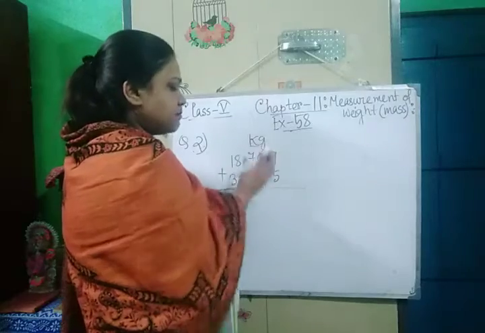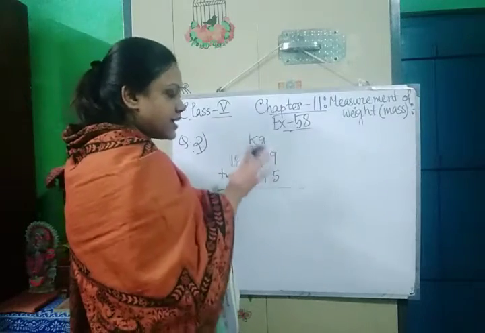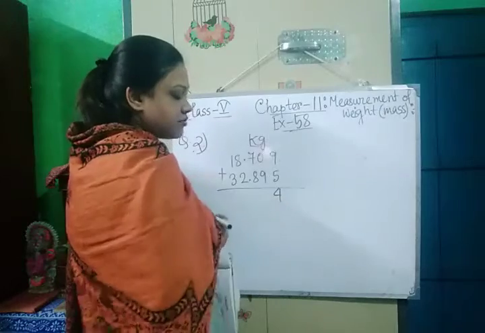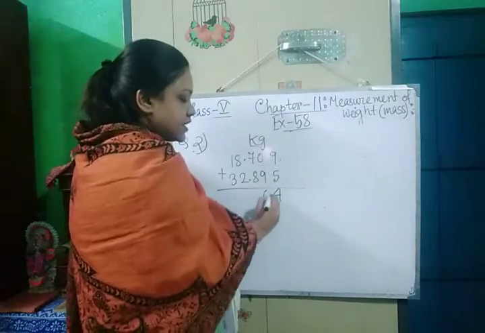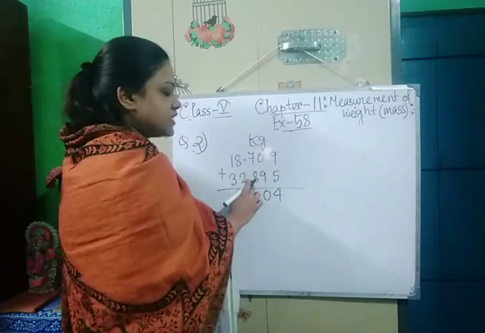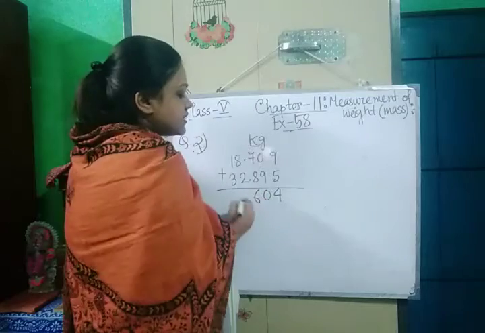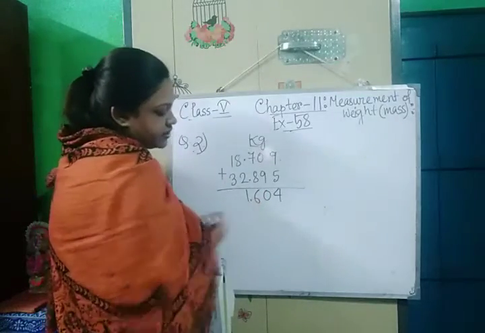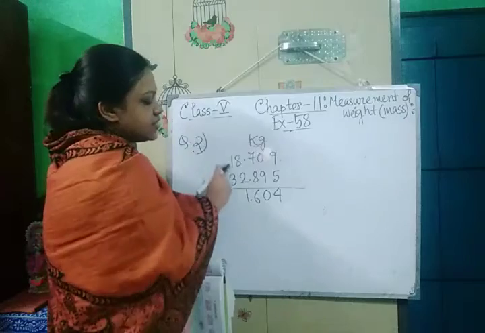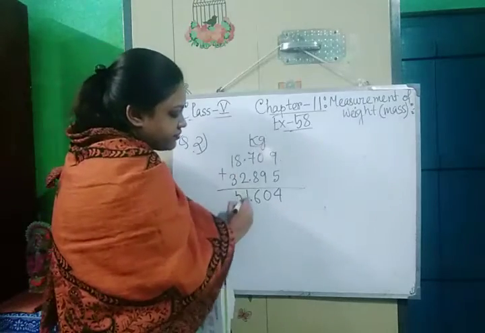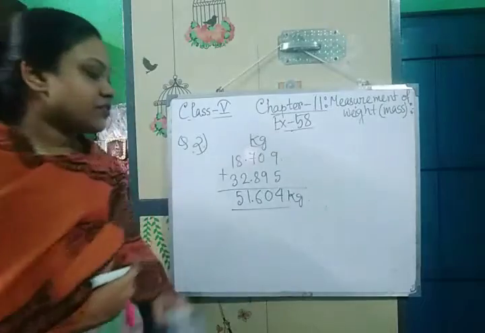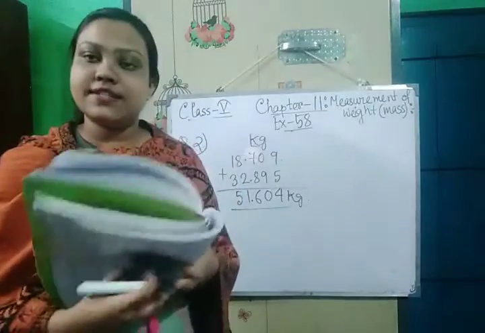So we will simply add these numbers as the addition of decimals. 9 plus 5 is 14, 4 here and 1 in hand. 9 plus 1 is 10, 0 here and 1 in hand. 7 plus 8 is 15 plus 1 is 16, 6 here and 1 in hand. 8 plus 2 is 10 plus 1 is 11, 1 here and 1 in hand. 3 plus 1 is 4 plus 1 is 5. So 51.604 kg is the answer.